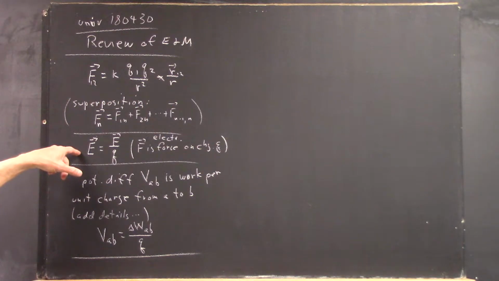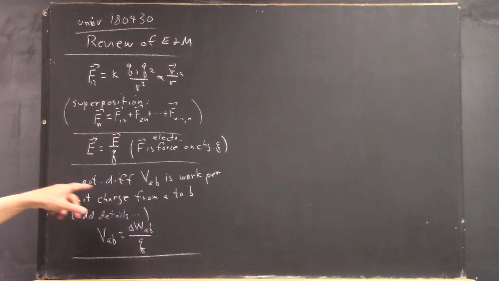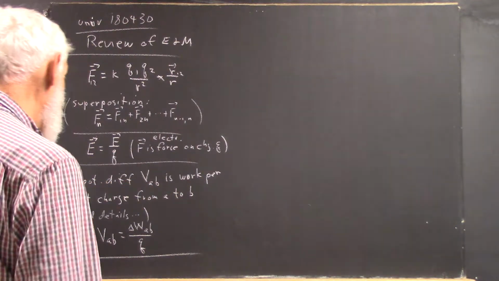Electric field, potential difference, and potential difference is generally a line integral.